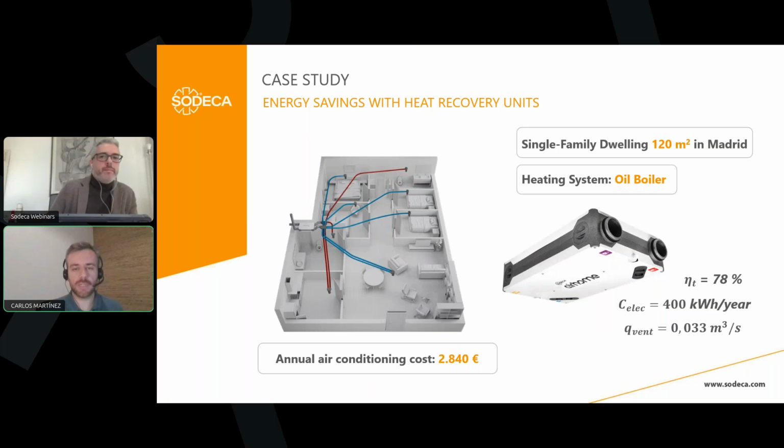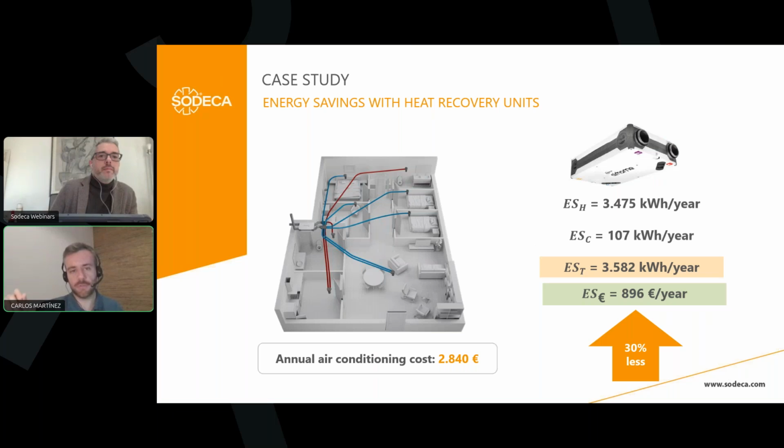Then when we introduce the heat recovery unit, we need to bear in mind the consumption of these heating and cooling systems, and also the consumption of the heat recovery unit. Even taking into account the consumption of the heat recovery units, we are recovering more energy than we are spending using it. So yes, we are taking into account the annual air conditioning cost, and we are reducing it by 30% even using the heat recovery unit.